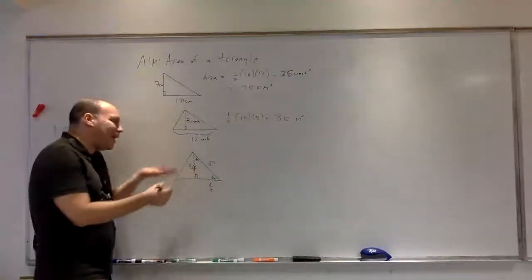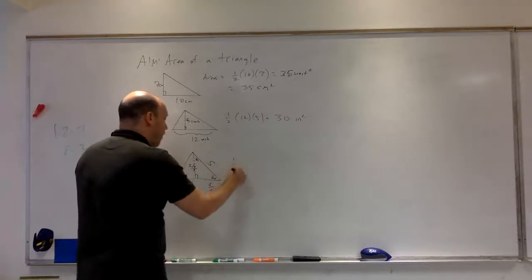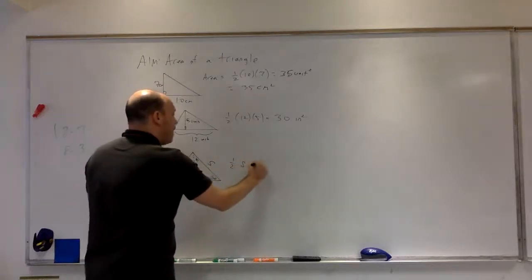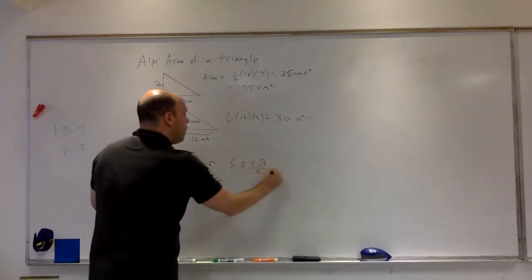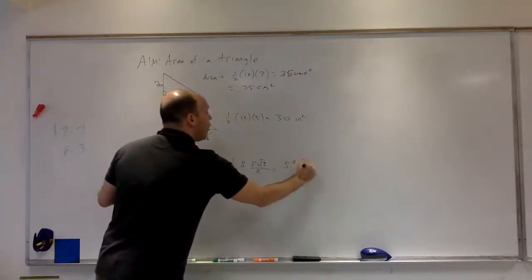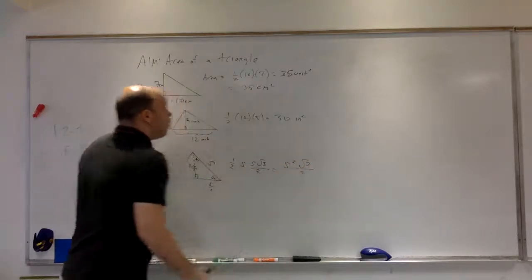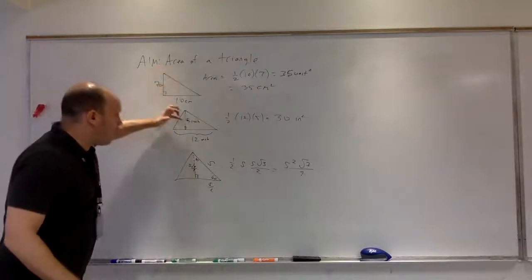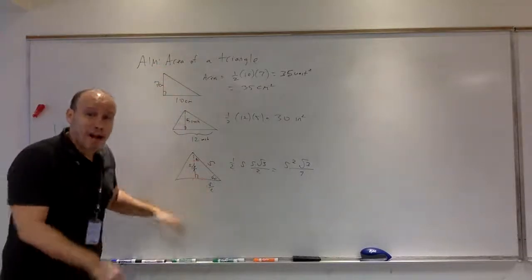So it's 1/2 the base times height, and the answer was S squared radical 3 over 4. So for right triangles, if you're given an altitude, and for equilateral triangles, we're able to find the area.